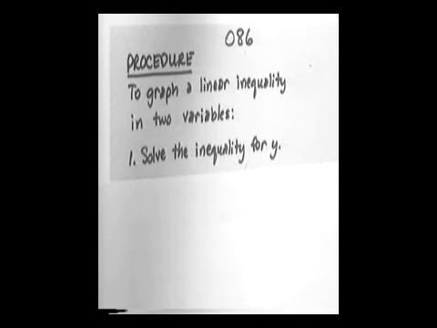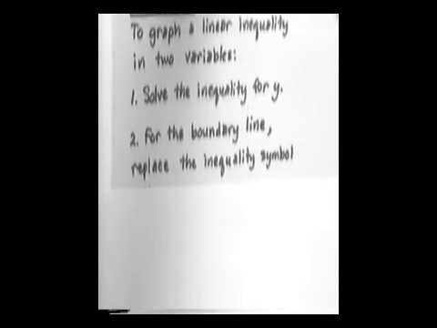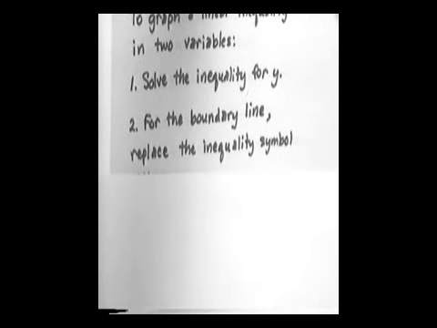This is just like solving an equation for y, except that you must follow the rules for solving inequalities. Step 2, for the boundary line, replace the inequality symbol with equals.